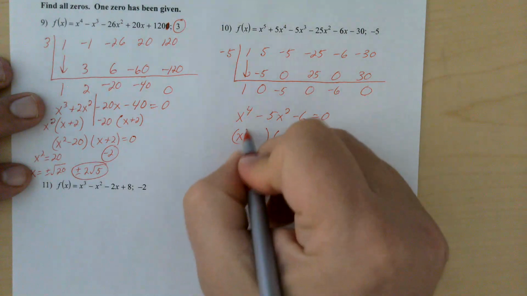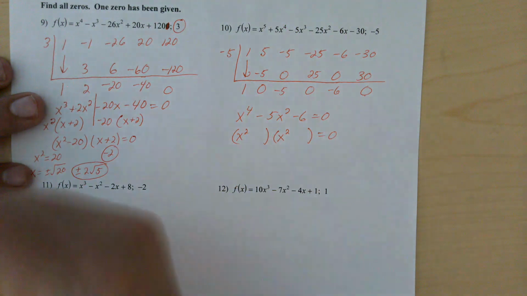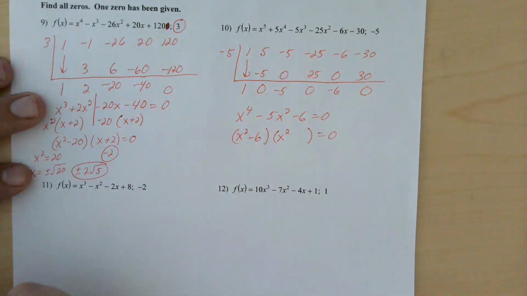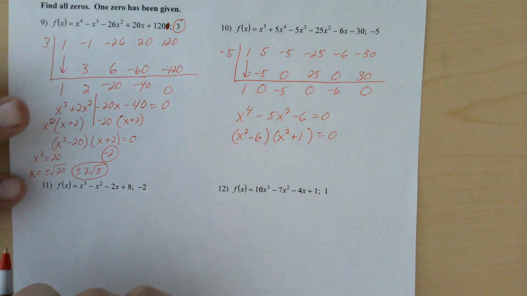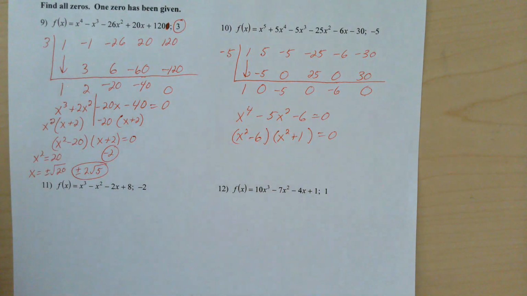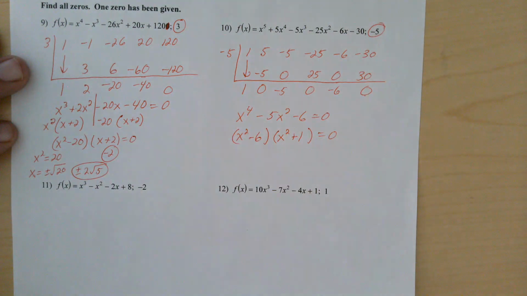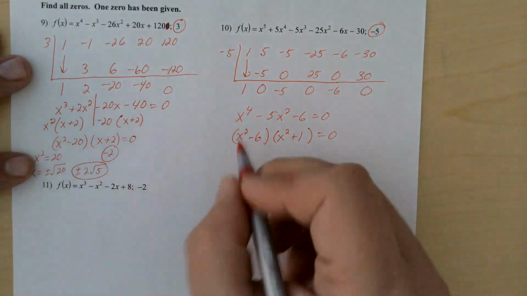We don't need the AC method because you're locked in at x squared, okay? So ways of getting negative 6 to add up to a negative 5, it has to be a minus 6 and a positive 1, okay? So now we have 4 answers that we need, 4 additional answers because they already gave us the negative 5. We should have 5 answers because the degree is 5.